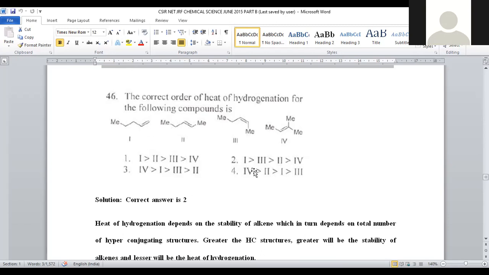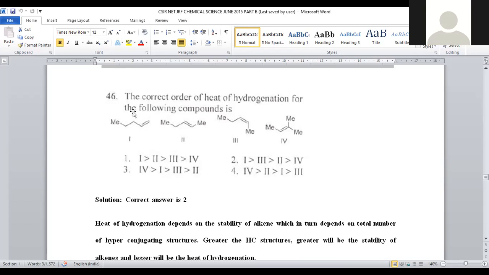For that purpose, heat of hydrogenation is inversely proportional to hyperconjugation. What is meant by hyperconjugation? Hyperconjugation is also known as no-bond resonance. It is a kind of system wherever a double bond is in conjugation with an alpha-hydrogen-containing carbon.